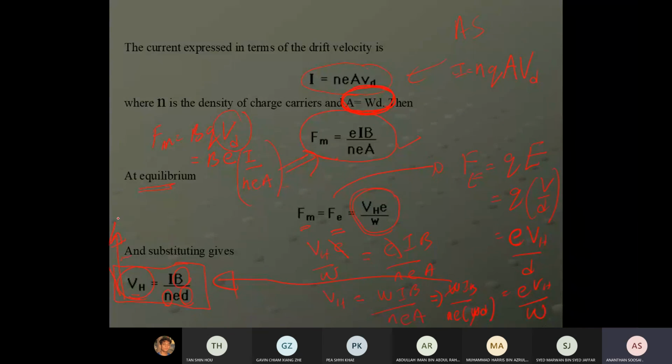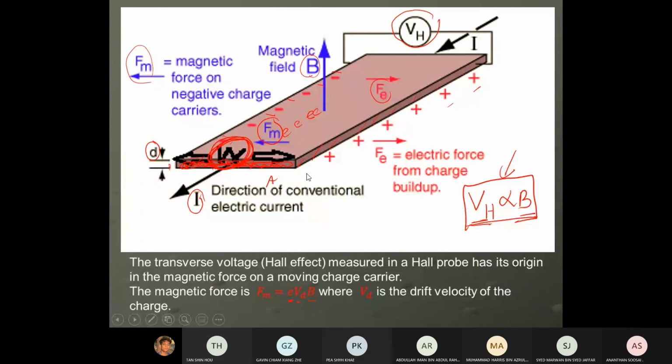The n must be small to get a significant Hall voltage, because normally Hall voltage is very, very small. We make sure the material has a very low charge density. That means, tell me, the Hall probe must be made of a slice of metal or semiconductor.